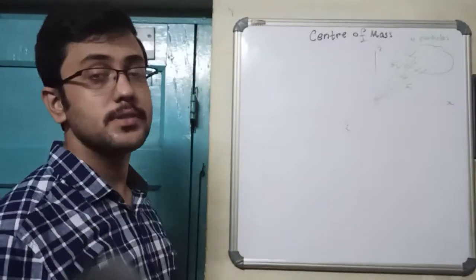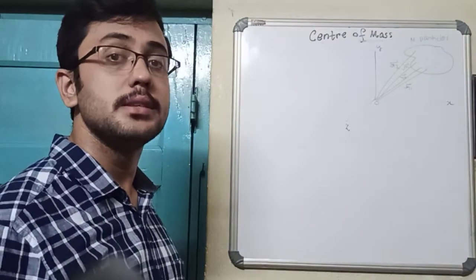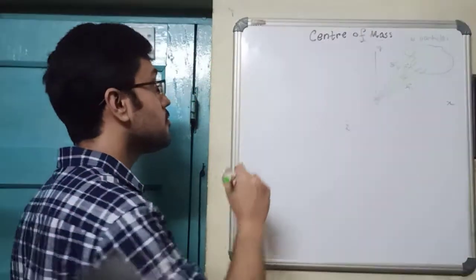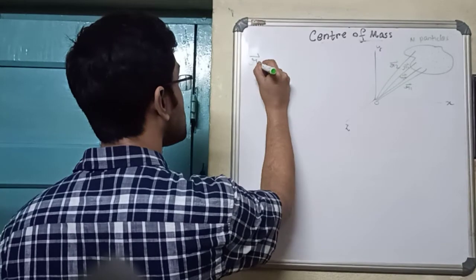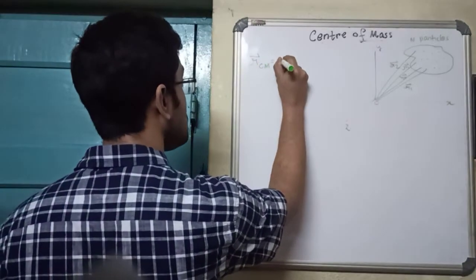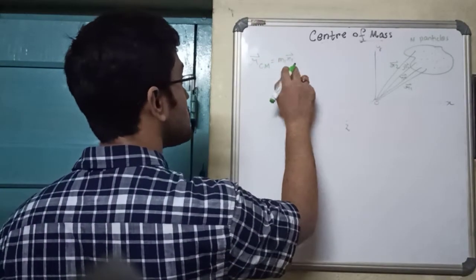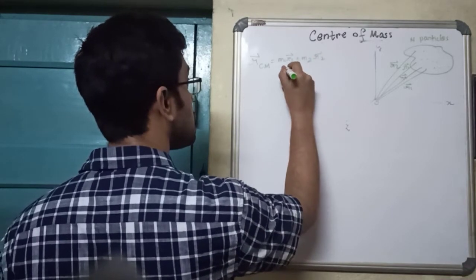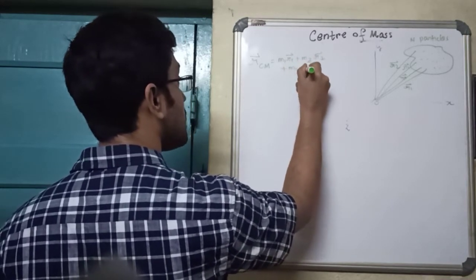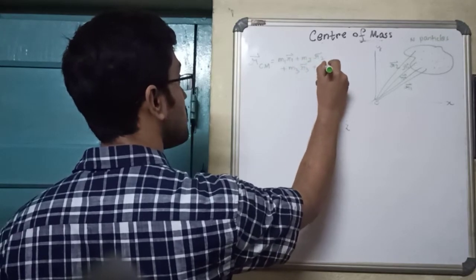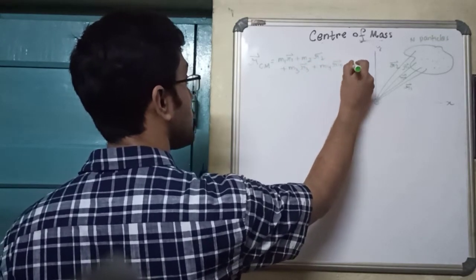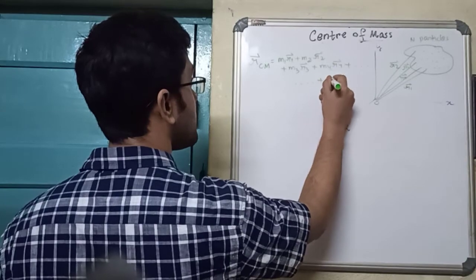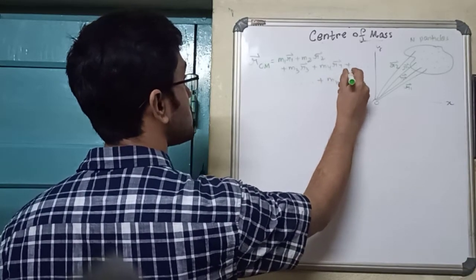Then for this kind of system, what will be the expression for the center of mass? The expression for the center of mass will be one particle times its position vector plus second particle times its position vector plus third particle times its position vector plus fourth particle times its position vector, and so on. It will go on until the nth particle times its position vector.